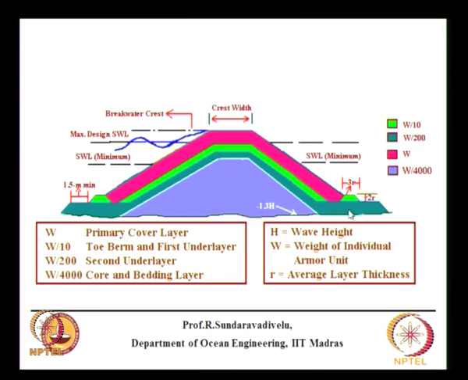To make it very simple, suppose at this second underlayer we are using 75 mm metal size, then twice 75 mm is 150 mm. So the layer thickness to be used is 150 mm, since we are using 2 layers. So minimum thickness is 150, you can provide more also.